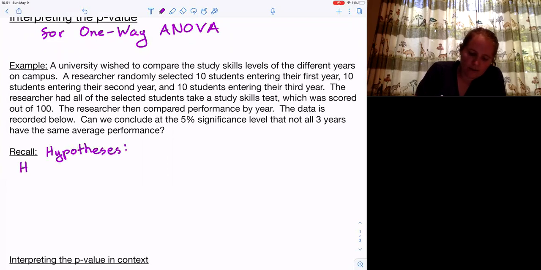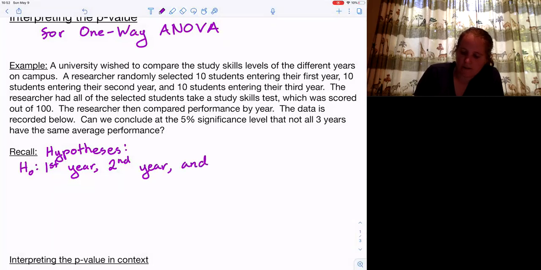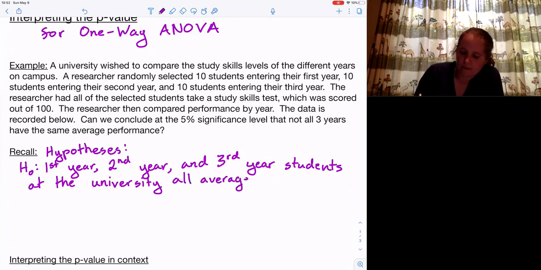The null hypothesis was essentially that first year, second year, and third year students at the university all average the same score on the study skills test.